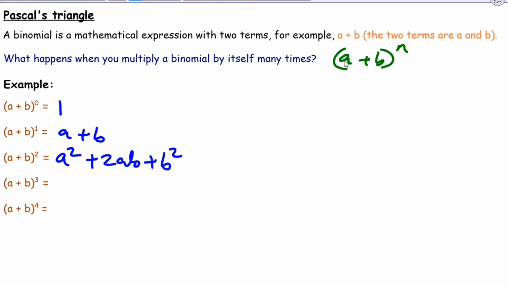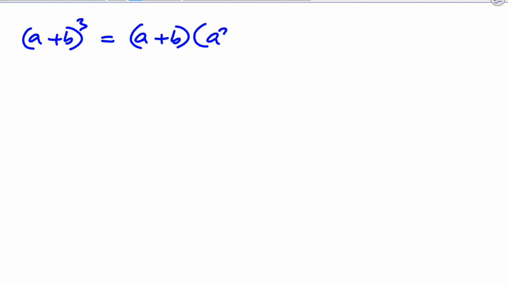How about (a + b) cubed? What we may have to do here is multiply out a bracket, because we know that (a + b)^3 is the same as (a + b) multiplied by (a + b)². Now, (a + b)² is the same as a² + 2ab + b².